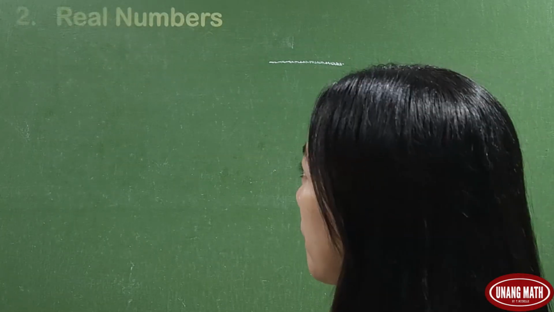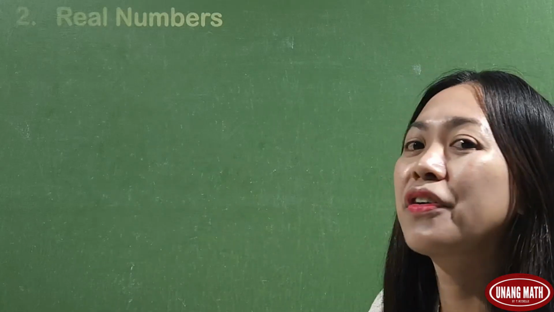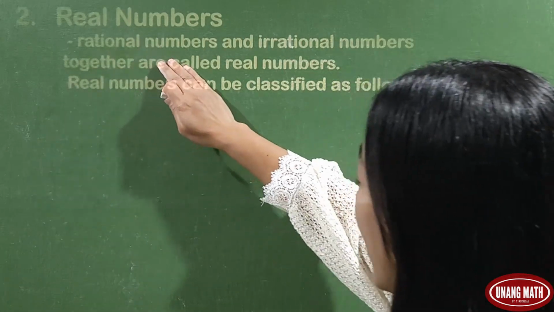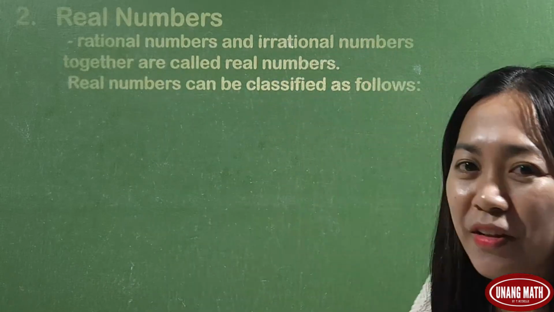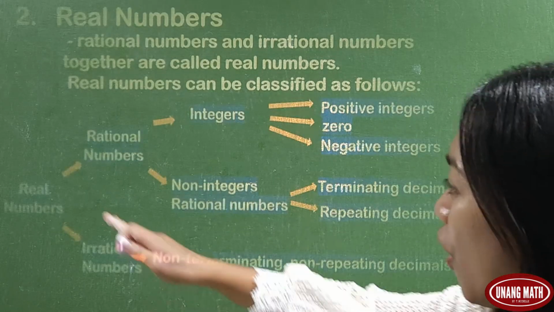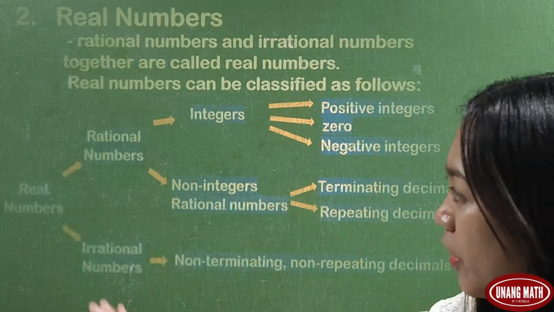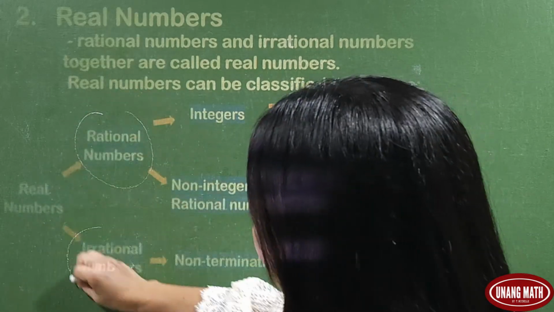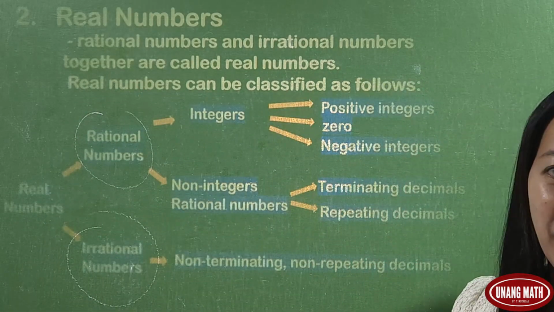Okay, irrational numbers are real numbers because real numbers are rational and irrational numbers. Okay, these are the classification of real numbers. So we have here rational numbers and irrational numbers.